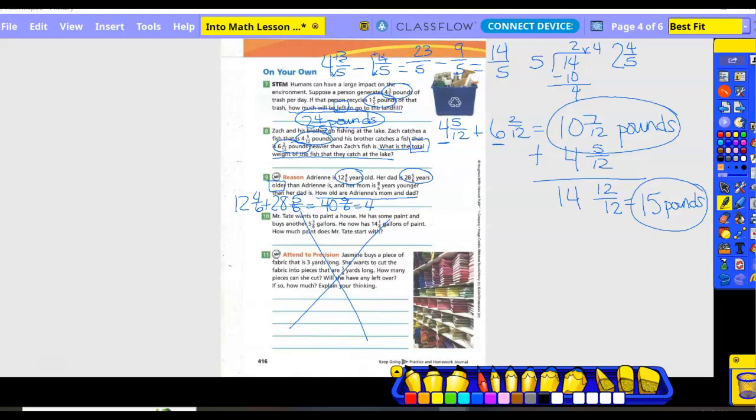So that equals 40 plus, what is 9/6? It's over 1 whole, so it'll be 1 and 3/6. So that would be 41 and 3/6 years old. And this is who? This is the dad.